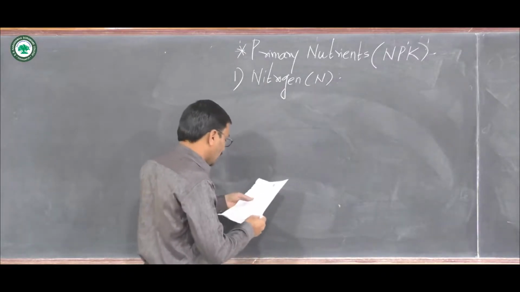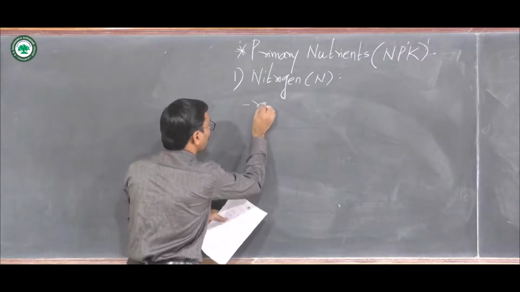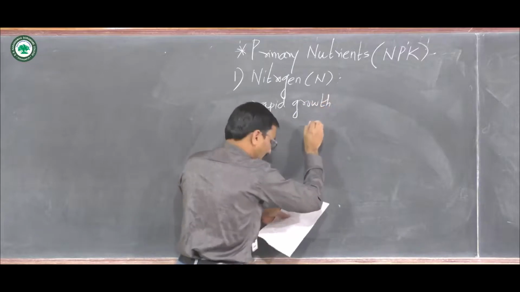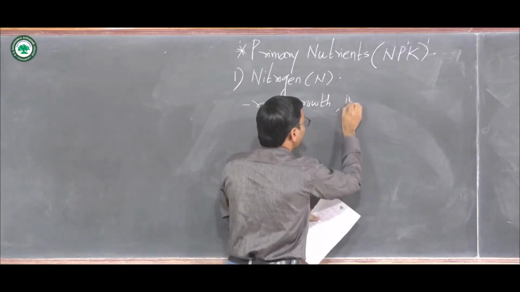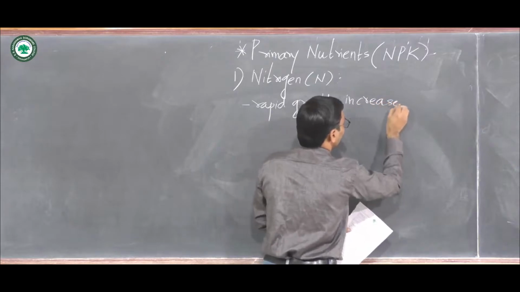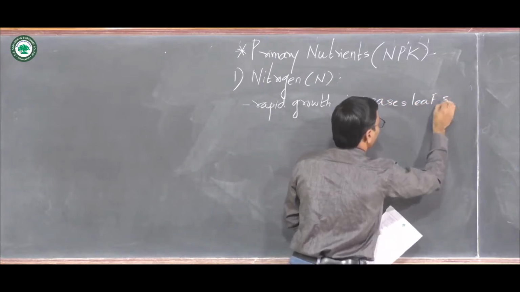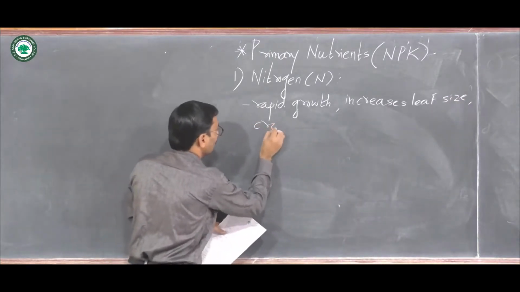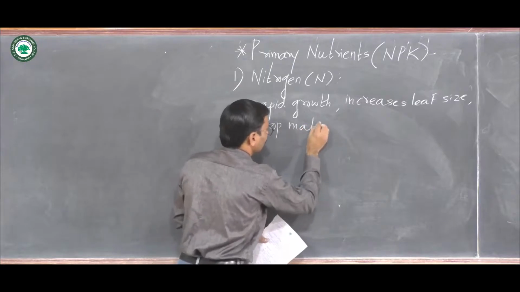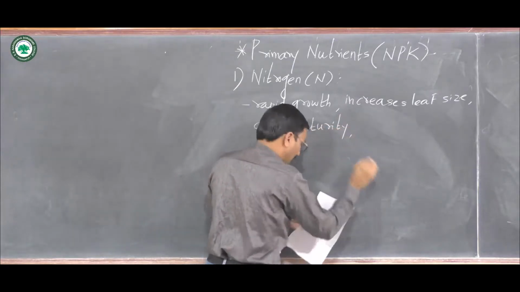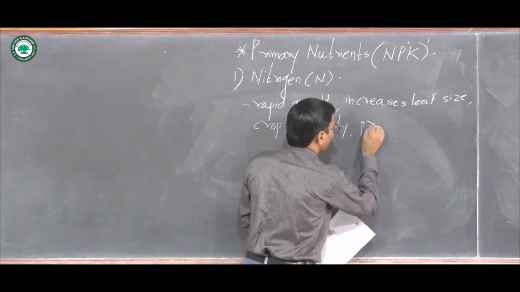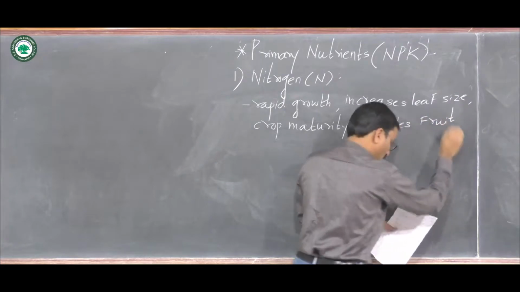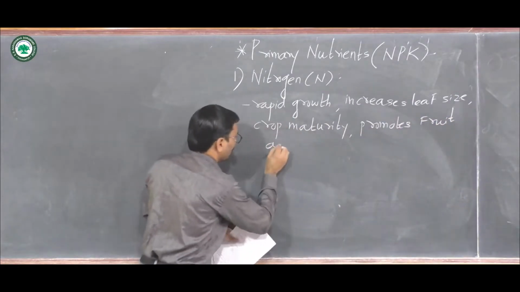Nitrogen promotes rapid growth, increases leaf size and crop maturity, and promotes fruit and seed development.